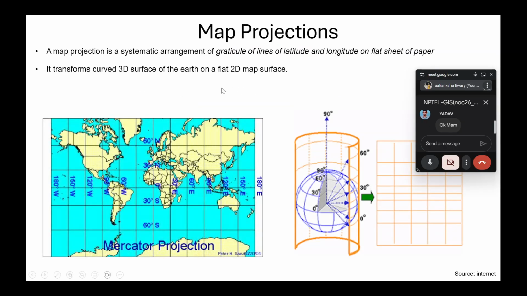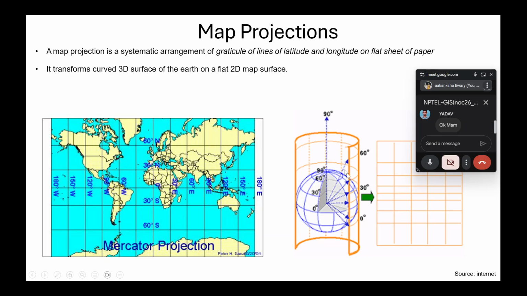Okay, so let's see. This is the Mercator projection, and this kind of projection is mostly used; most of the maps that we use, or default base maps, are in Mercator projection.